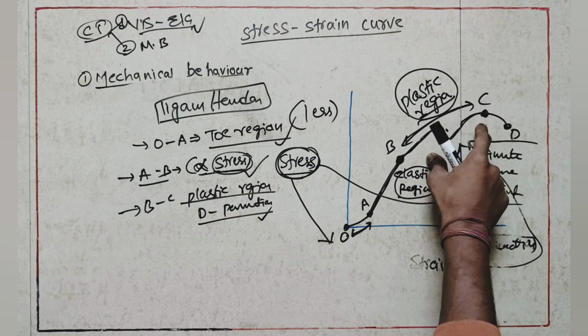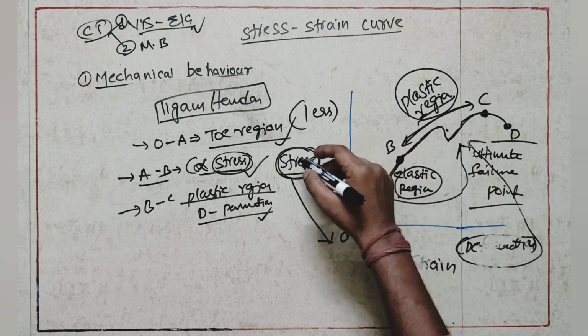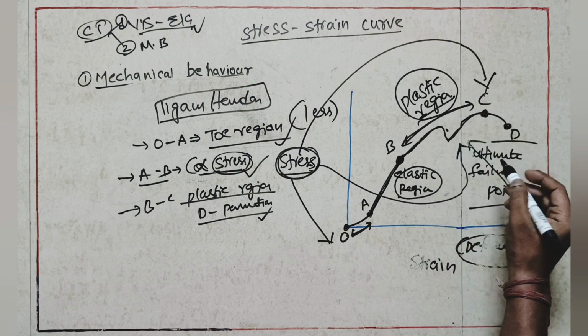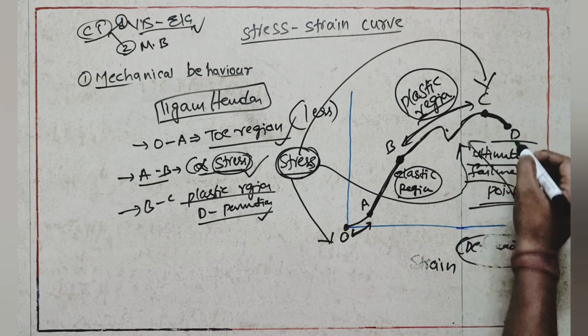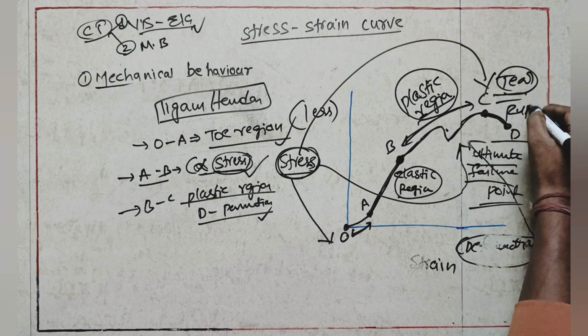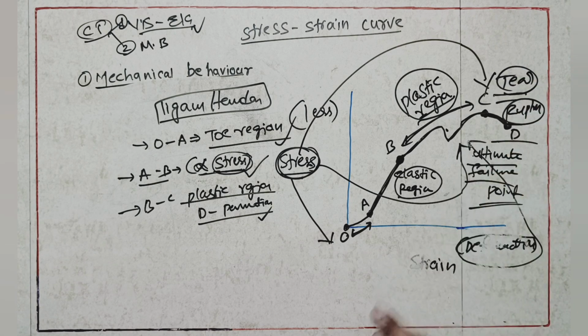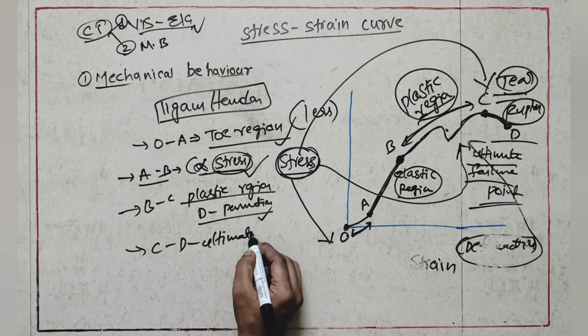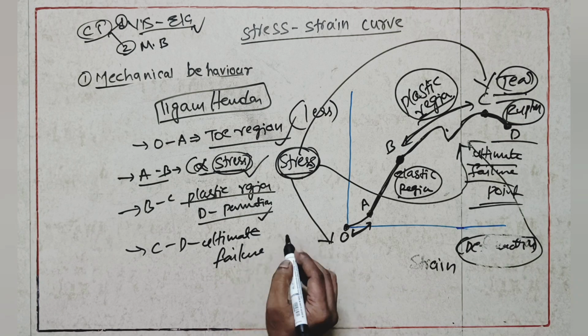Even so, if we still apply load to the structure, it will go to the ultimate failure point, where the tissue will tear, nothing but rupture. So that is the ultimate failure point. C to D is the ultimate failure point.